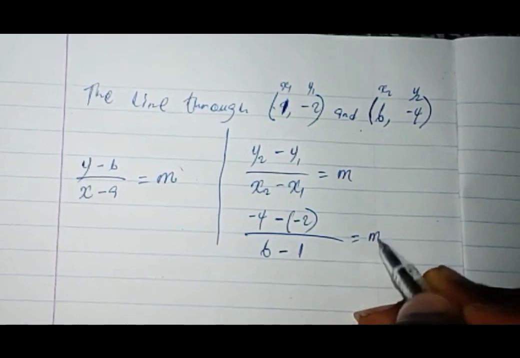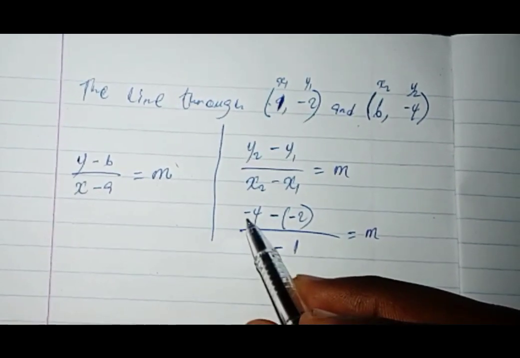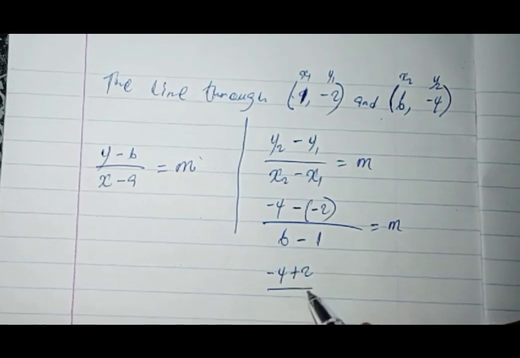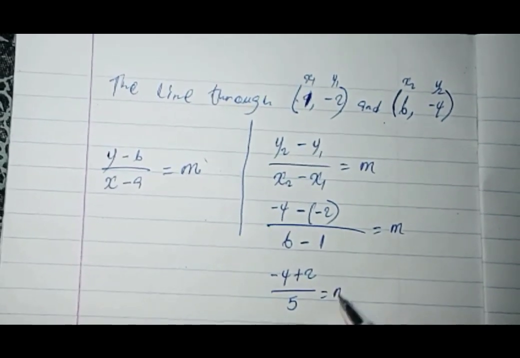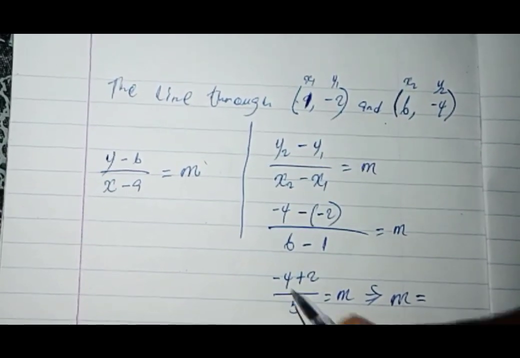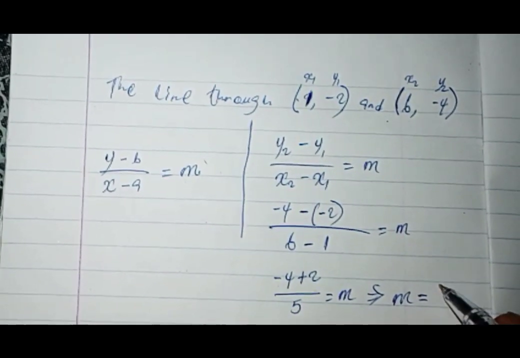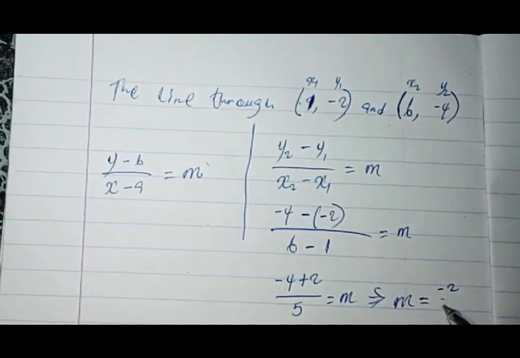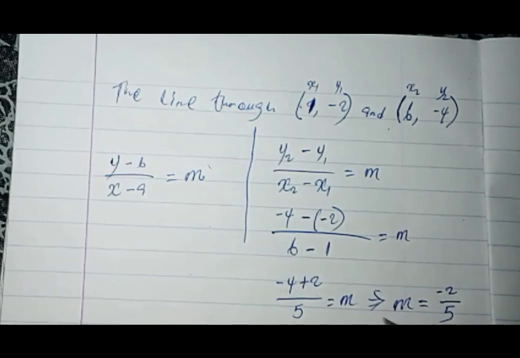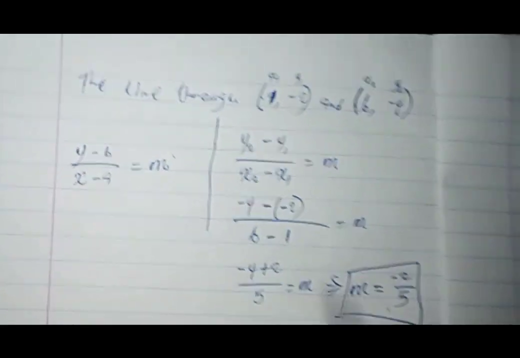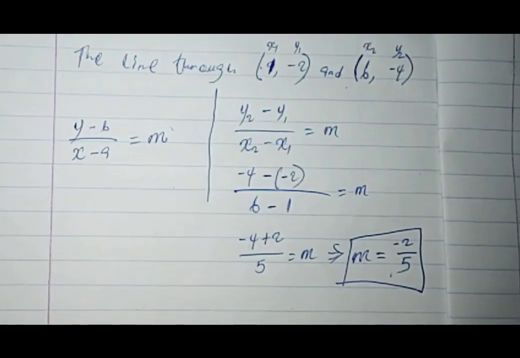This is equal to m. So this is -4 plus 2 over 5 equals m. From this, it implies that m is equal to -2 over 5. So this is our m, and we can use it for this equation.